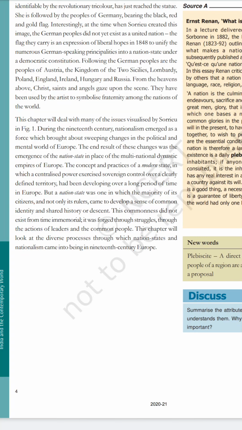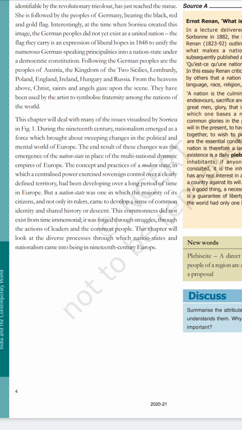In a modern state, there should be a centralized power, which has sovereign control over the country, and a clearly defined territory. Such a system existed in Europe for a long time. Similarly, a nation state also has a clearly defined territory or boundary, centralized power and sovereign control.